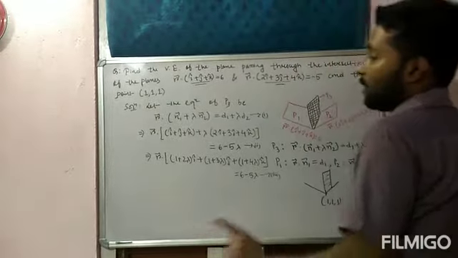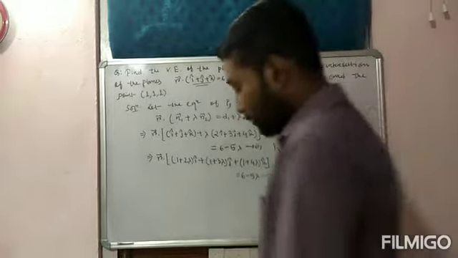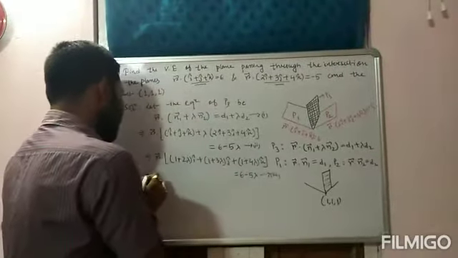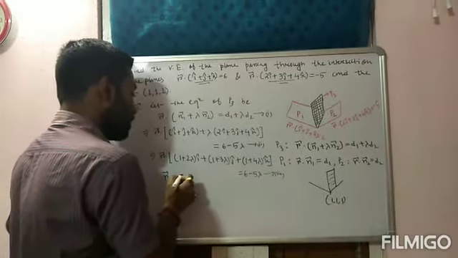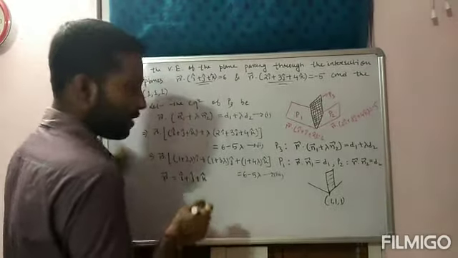ठीक है? Now, since you are asked to write the vector equation, so therefore you have to represent this point of intersection also in vector form. That is, here r bar is equal to i cap plus j cap plus k cap. What does it mean?